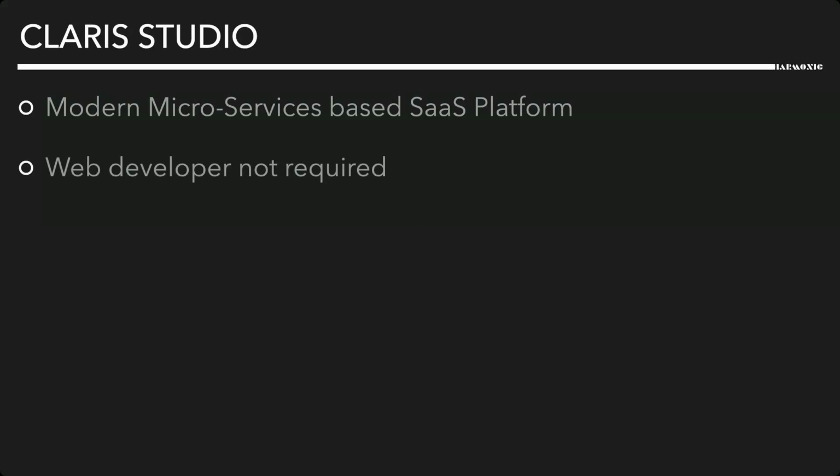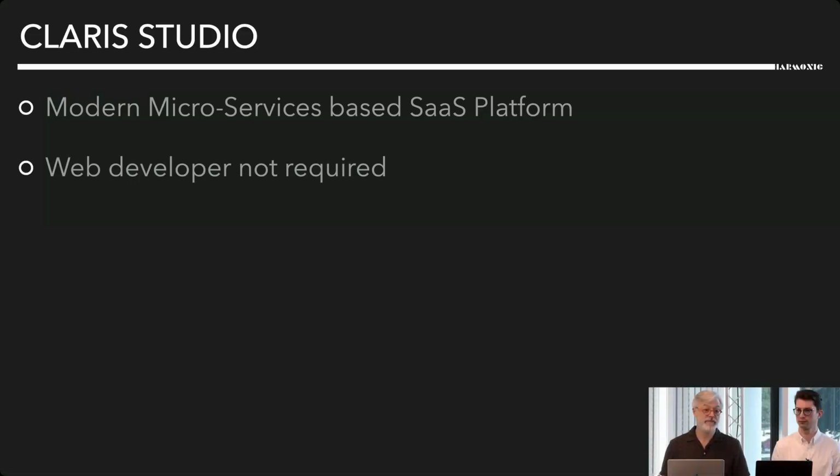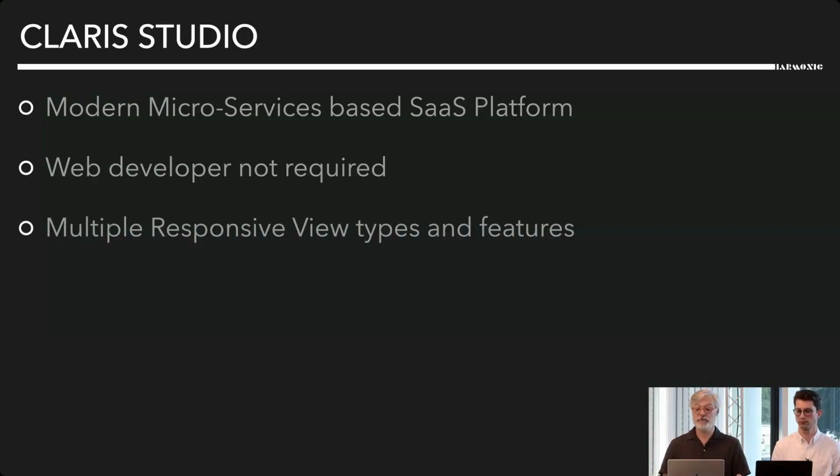It gives us the ability to quickly and easily build sophisticated forms and interactions. Now, as discussed, we have a lot of competence building custom web solutions internally here at Harmonic. But that's an expensive process and it takes a long time. Claris Studio lets us do it quickly and gives us multiple responsive view types and an ever-increasing feature list. It increases all the time.